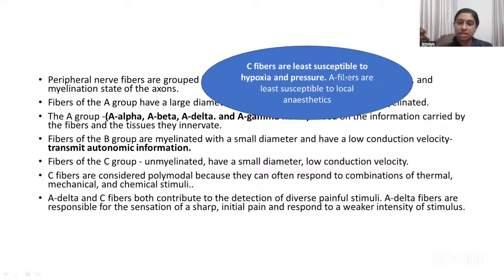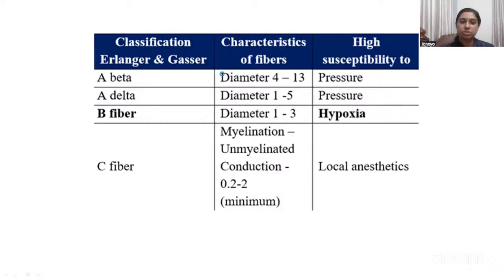A fibers are least susceptible to local anesthetics because they are very fast conducting, and hence local anesthetics have little time to act. So this is the classification by Erlanger and Gasser. The diameter is largest in the A fibers, and high susceptibility to hypoxia is associated with the B fibers.